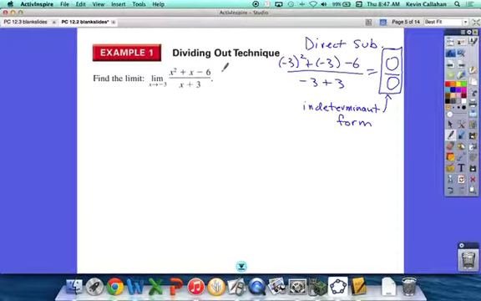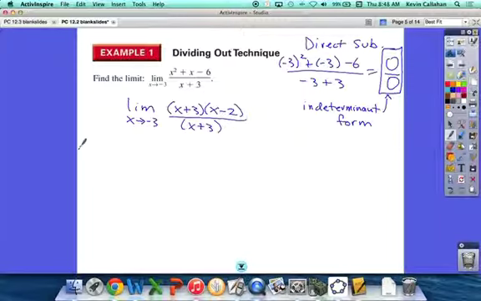And we could see that because x squared plus x minus 6 is a pretty simple factoring problem. The factors of -6 that add up to +1. x plus 3 times x minus 2. And so this is the limit as x approaches -3 of x plus 3 times x minus 2 over x plus 3.